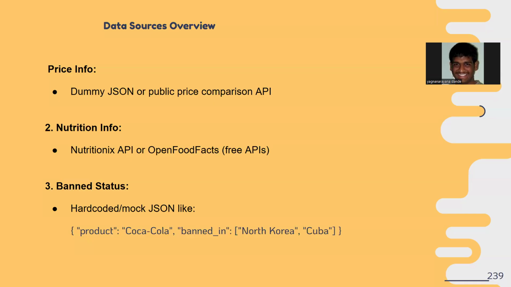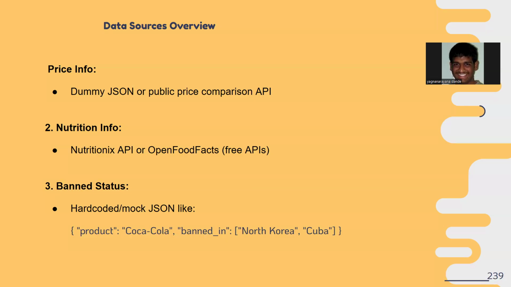So what is the difference from this morning's dummy JSON API? That API is public, open for all. Anybody can access it without telling who you are. Whereas this Nutritionix API, you need to have an account with them.